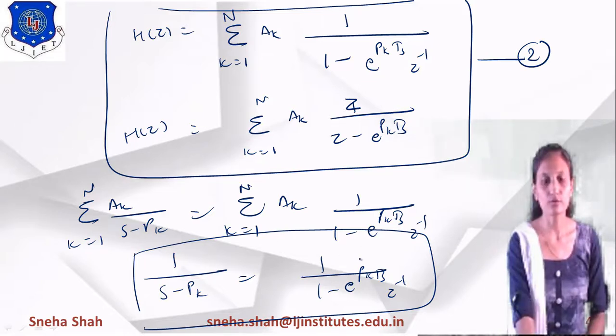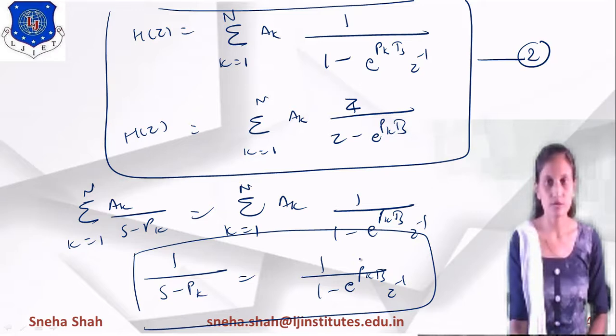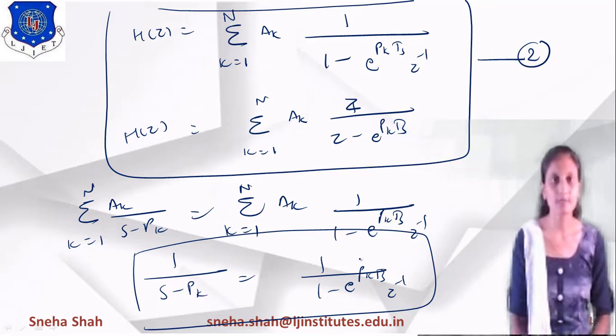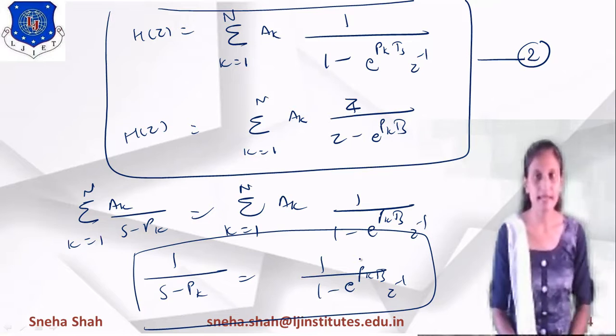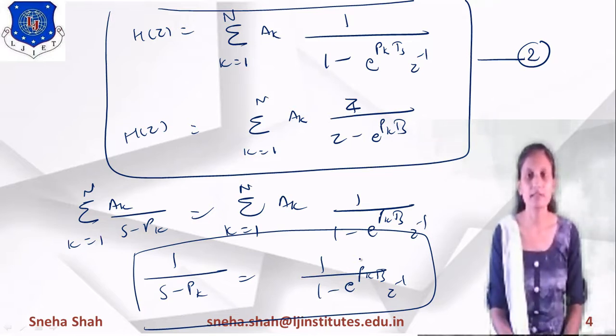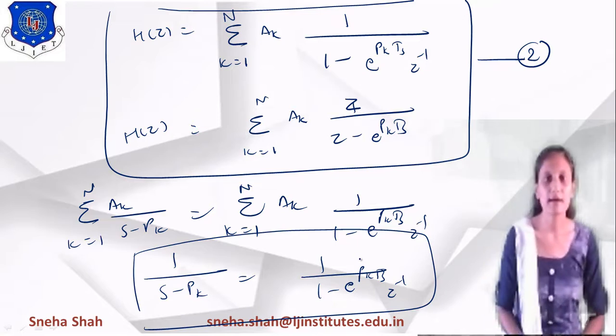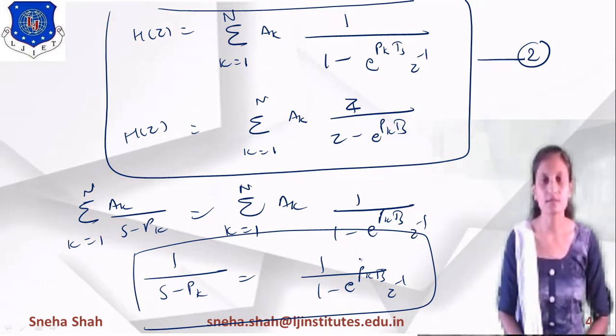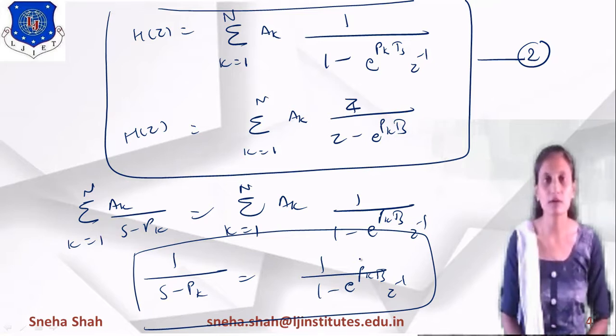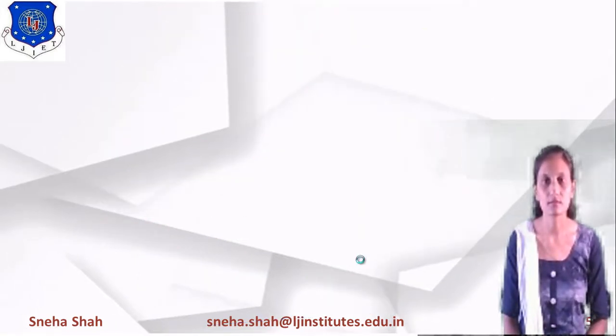Now we have to do mapping between these two. So the next point is we will start the relationship between the S-plane and Z-plane. If we are doing the mapping between the S-plane and Z-plane, then by using this last equation we will convert it in the form of mapping between these two.